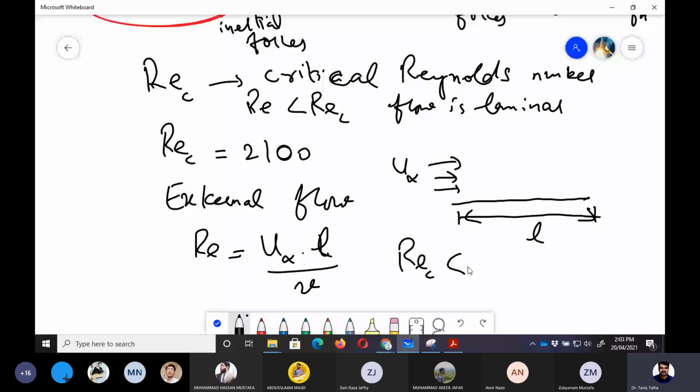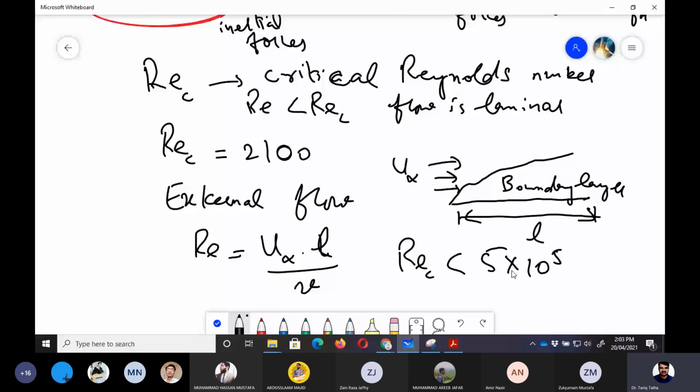It means that up till 5 lakh, the flow inside the boundary layer, we call it boundary layer, and we would talk about it in detail in chapter number 8, stays laminar. So in the boundary layer, the critical Reynolds number to become turbulent is 5 lakh, but for the pipe flow, it is only 2000.